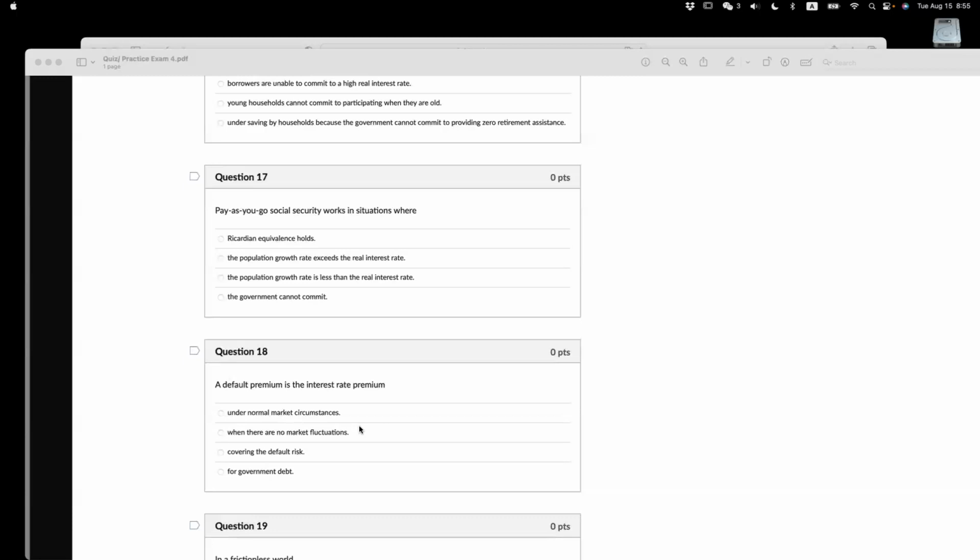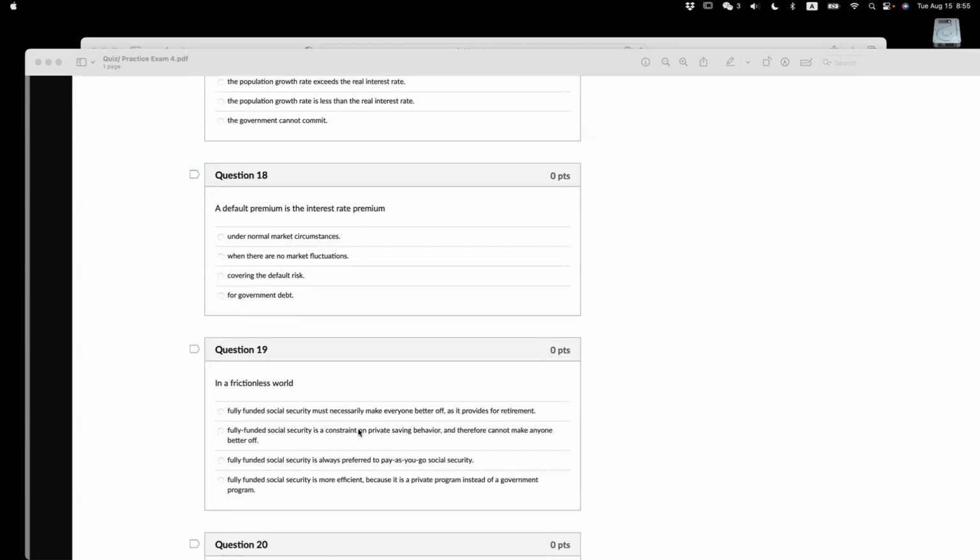Now, question 18, a default premium is an interest rate premium. The answer is C, covering the default risk. What is default risk? Just imagine I borrow like $1,000 from a bank, right? With some probability, I may not be able to, or may not want to, pay off my debt. Right? So this is default.